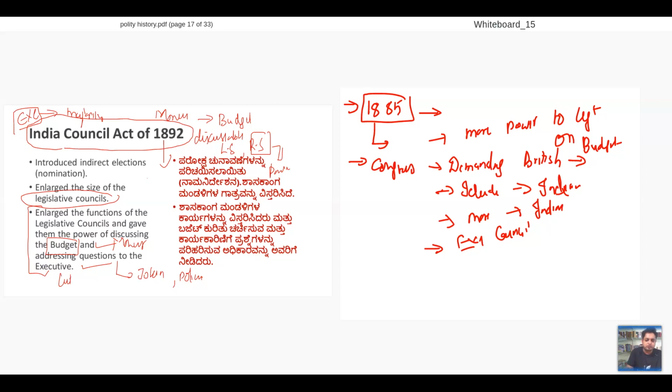Can you remember cut motions? Aren't these the ways where normal MPs can control money bill? So that all started here. Okay, clear. And for first time, thank God, indirect election started. Sir, you told me that in 1861, 3 Indians came. How did they come? They were nominated. So it was not elections. They were nominated. Clear?